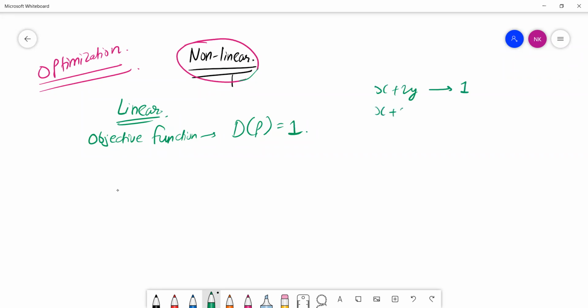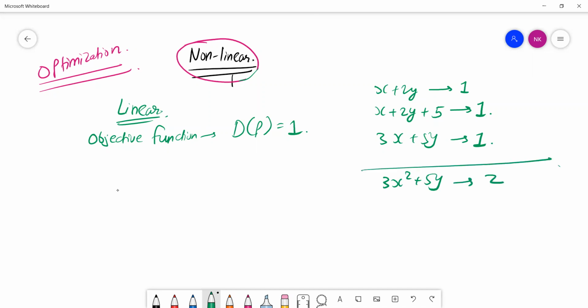If you have the objective function of, let's say, this one, then the degree of polynomial is 1. But if you have this type of structure, then your degree of polynomial will be 2. If you have this type of structure, then your degree of polynomial will be 3.